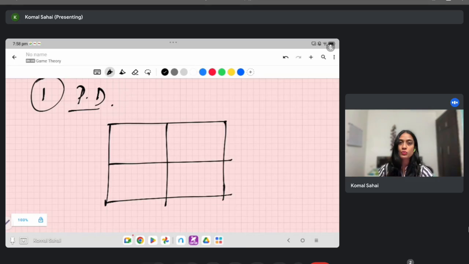If that deviation is possible, then of course it's not a Nash equilibrium. And if for an action profile such a deviation is not possible for any player, then that becomes the Nash equilibrium. All right.